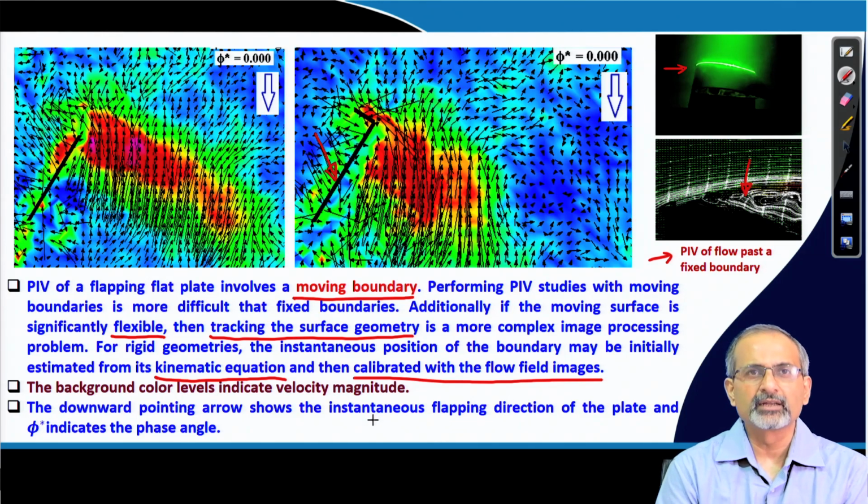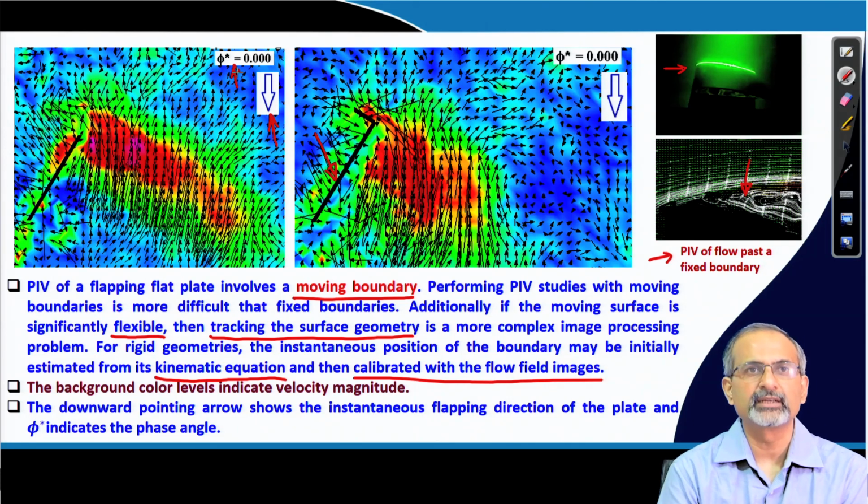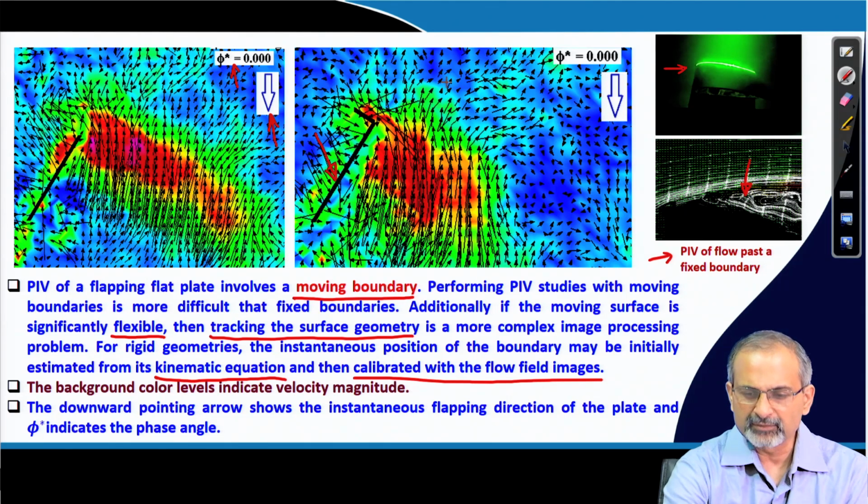The background color levels again indicate velocity magnitude. You see a downward pointing arrow over here, and you also see a phi star. So, what do they indicate? The downward pointing arrow shows the instantaneous flapping direction of the plate, and the phi star indicates the phase angle. So, this plate will be moving down and then again coming back up.